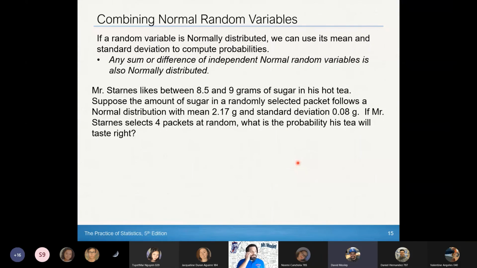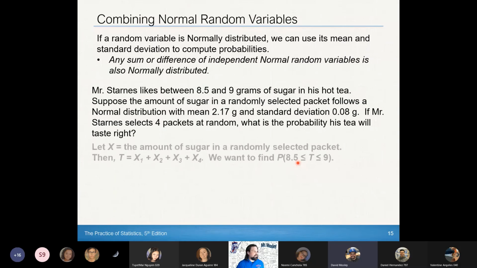All right. So we have a random variable that is normally distributed, and we have the mean and standard deviation for that. So we're going to let x equal the amount of sugar in a randomly selected packet.